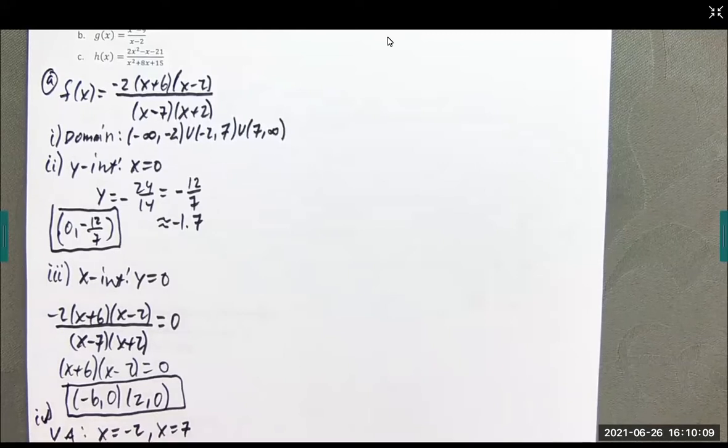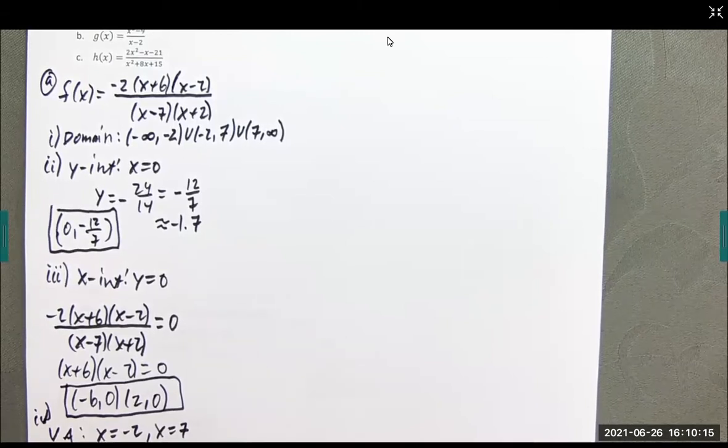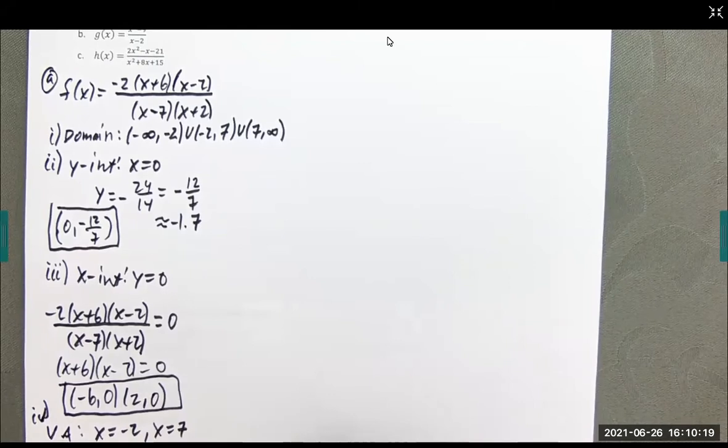All right, so here is what I am seeing. I'm seeing a graph that's doing this. Now this one is going to cross the asymptote.